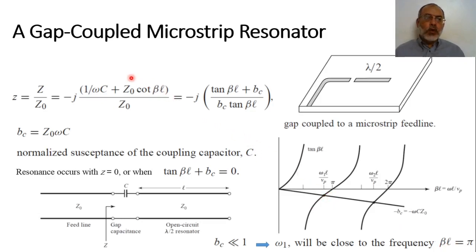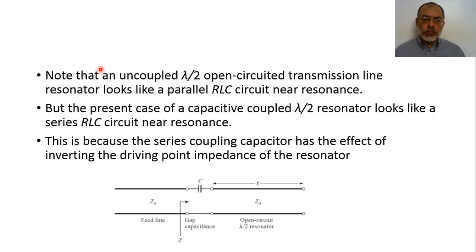As a comment on the gap coupled microstrip resonator, it should be noted that the uncoupled lambda over 2 open circuit transmission line resonator looks like a parallel RLC circuit near the resonance. But the present case of the capacitive coupled lambda over 2 resonator looks like a series RLC circuit near the resonance, because near lambda over 2 the input impedance is nearly 0, not infinity.